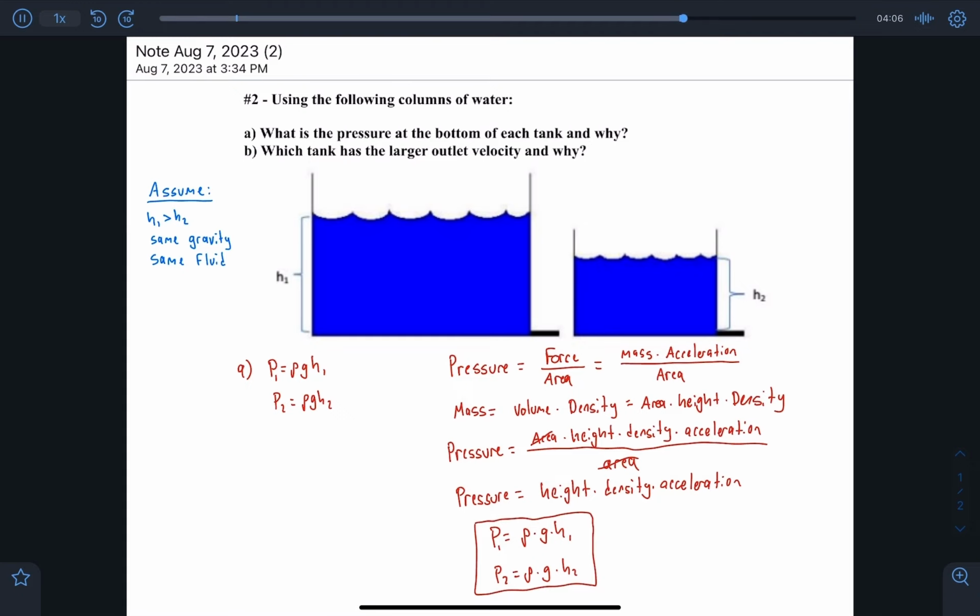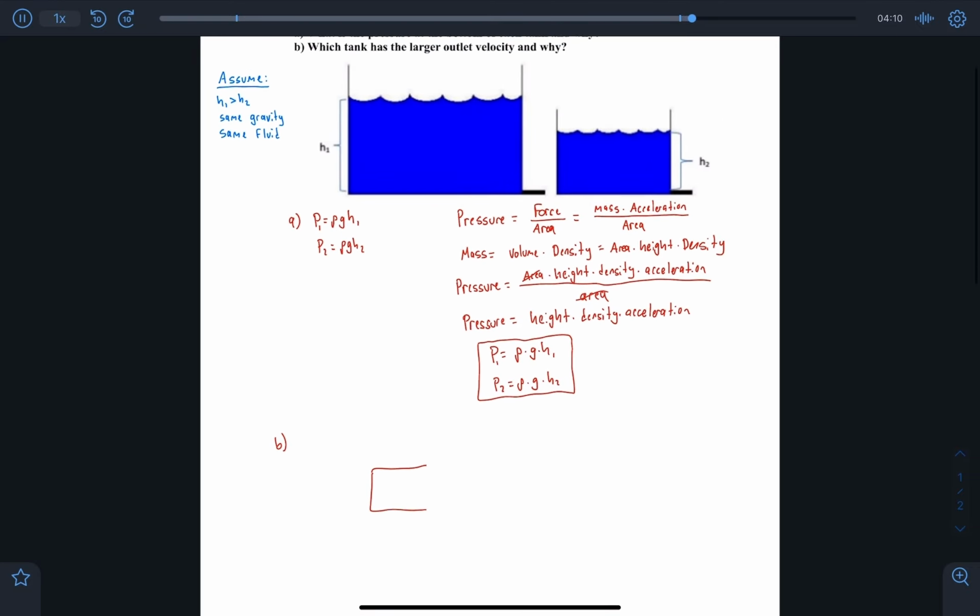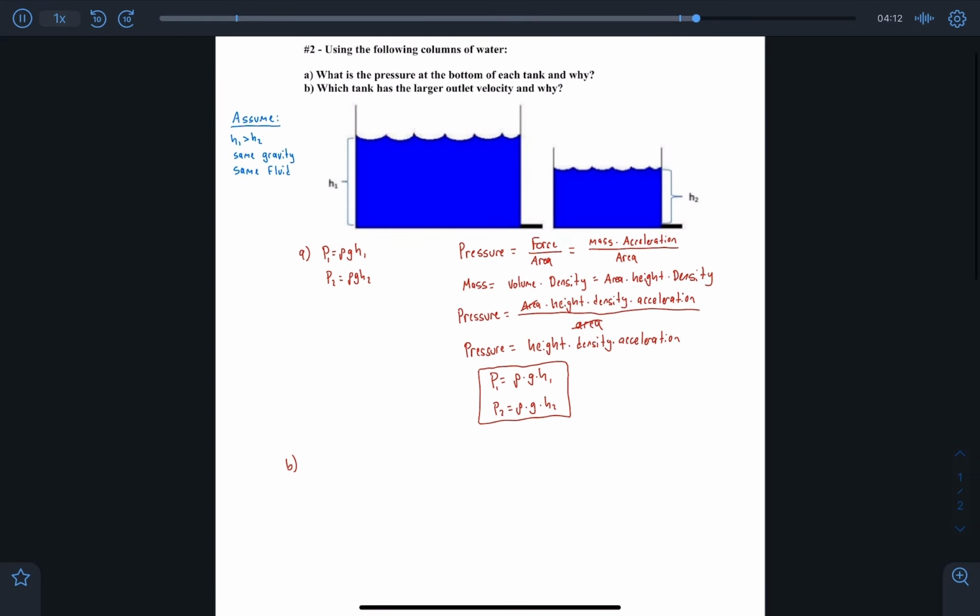Part B asks us to find out which tank has the larger outlet velocity and why. And so the one assumption that we're going to make here is that the 2 outlet areas are the same. So those little spouts have the same area. And if we make that assumption, we can go back to what we've solved in problem 1, where we solved for the velocity at the outlet.